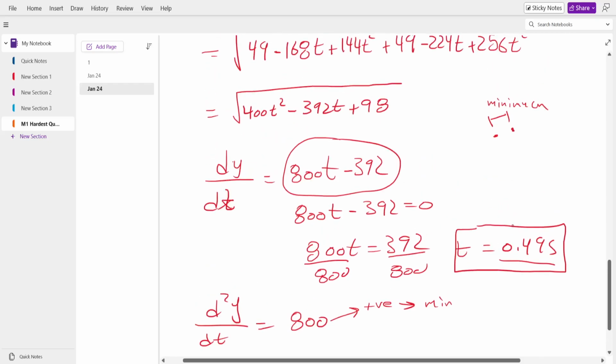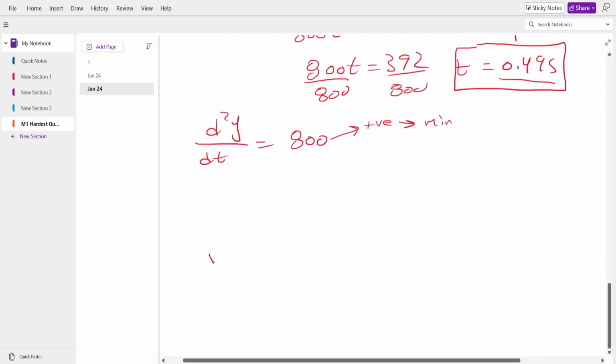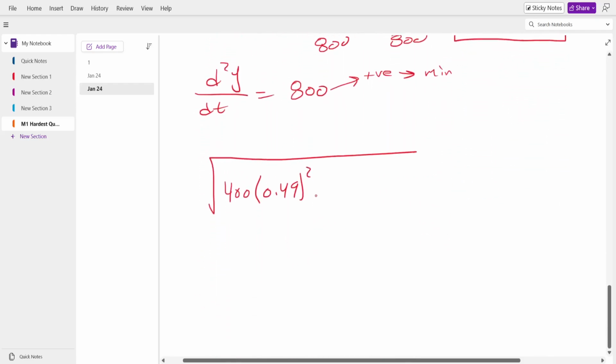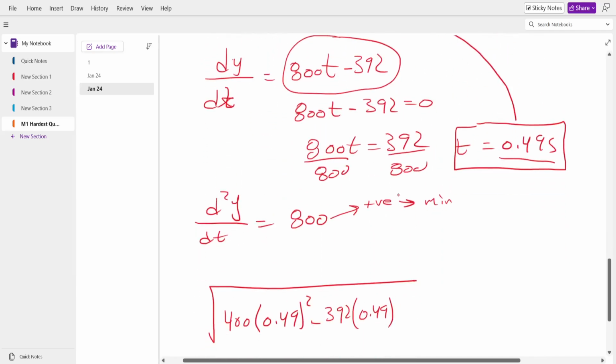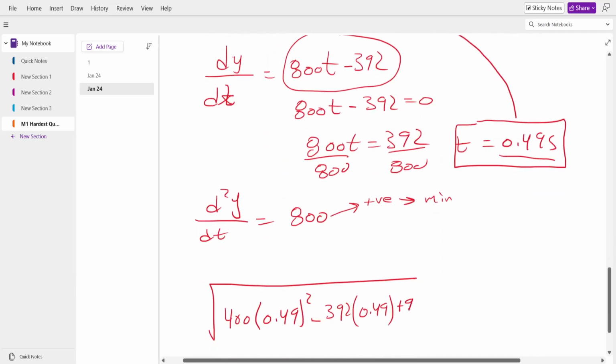So to know that, we need to put our t in our distance equation. So our distance equation was the square root of 400 times t squared, so 0.49 squared, and then minus 392 times t, which is 0.49, and then plus 98.